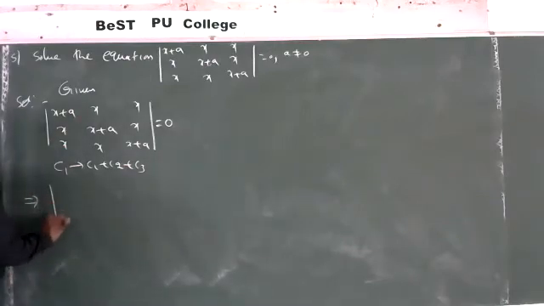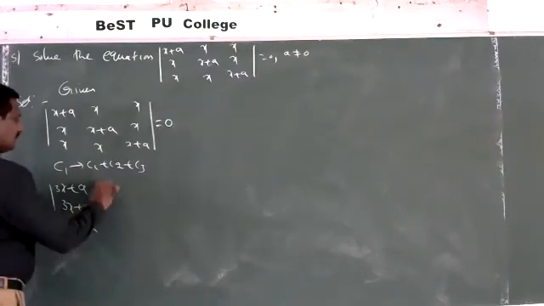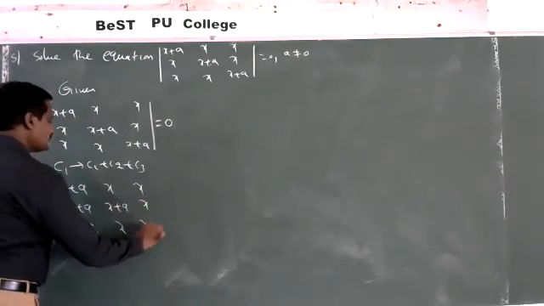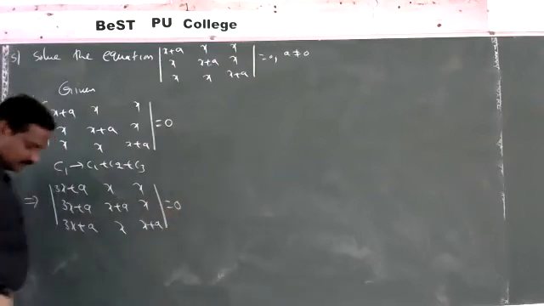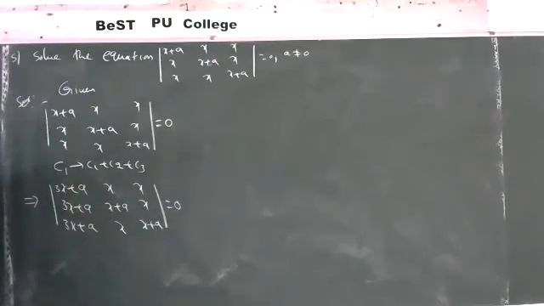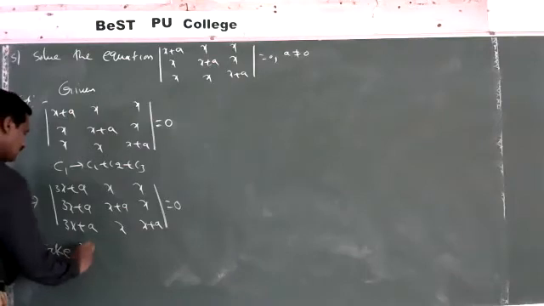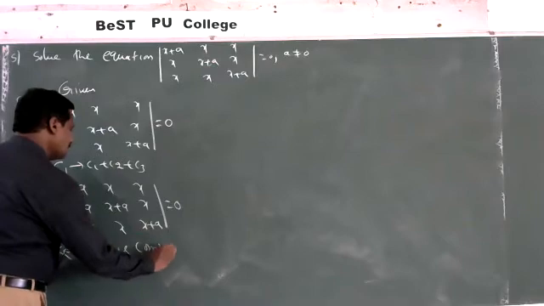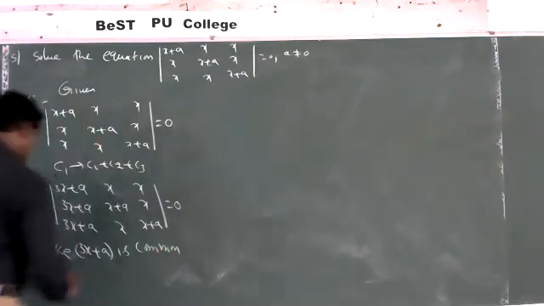This implies the determinant of 3x plus a, 3x plus a, 3x plus a, x plus a, x plus a equal to 0. Now 3x plus a is common from C1.